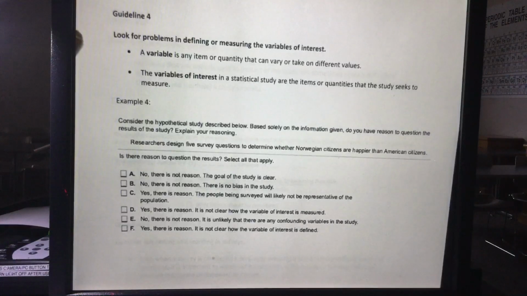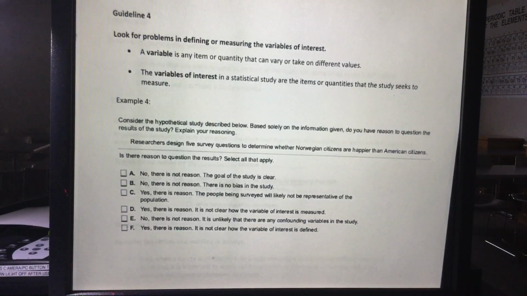So in this example, do we have a reason to question the results of this study? Researchers designed 5 survey questions to determine whether Norwegian citizens are happier than American citizens. And is there a reason to question these results here?